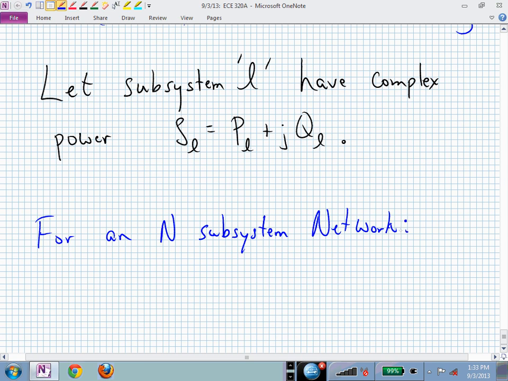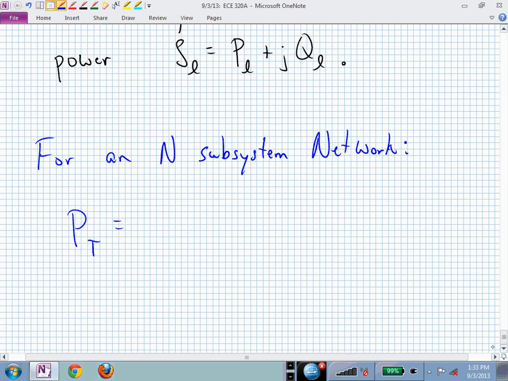If we do, then the total average power, or the total real power, can be found by simply summing up all these individual real powers.